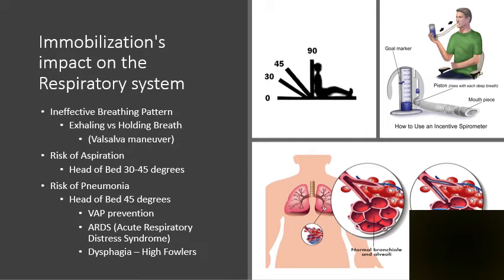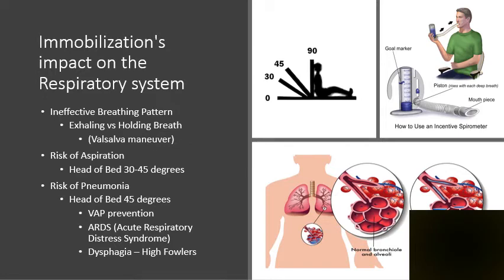For example, as the diagram is pictured, you can see the various indicated positions of what is safe for your patient due to their immobility in maintaining their bed mobility. You would never want to go in and feed your patient with them laying flat in the bed. Again, strong risk for aspiration, as well as it being uncomfortable for the patient.